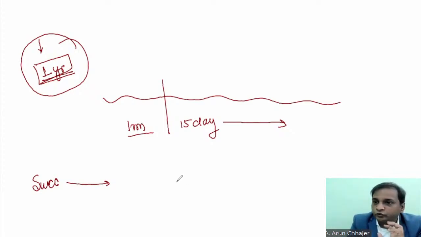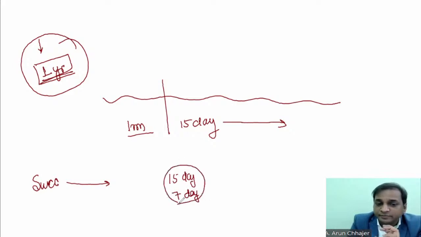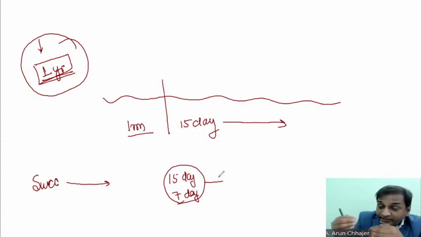Normally, practically, after a gap of 15 days or 7 days, the supplier is asked to submit the statement of account. In that case, on a periodic basis, he has to submit the statement of account. It is called a successive statement of account. Vrinda and Vedant, kindly confirm.